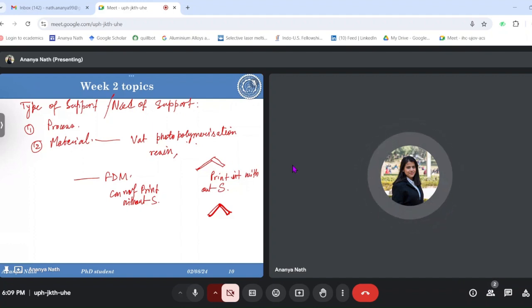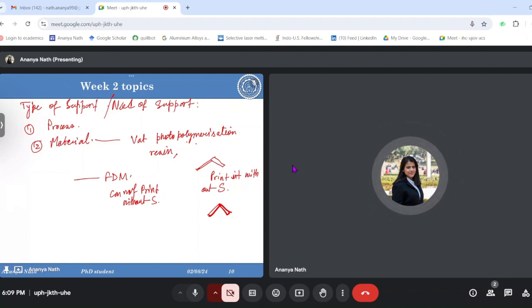These are all different from material to material. That's why their behavior under the heat interaction at the time of additive manufacturing is also different. So this is all about the need of support and the type of support.